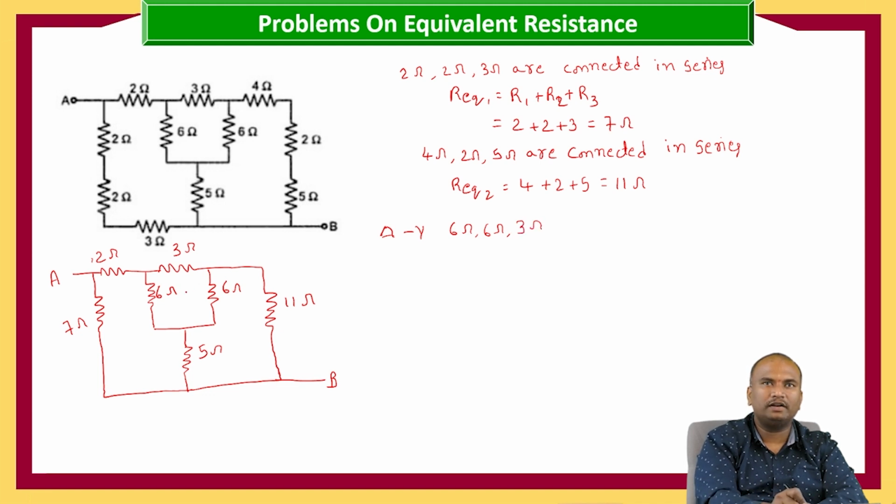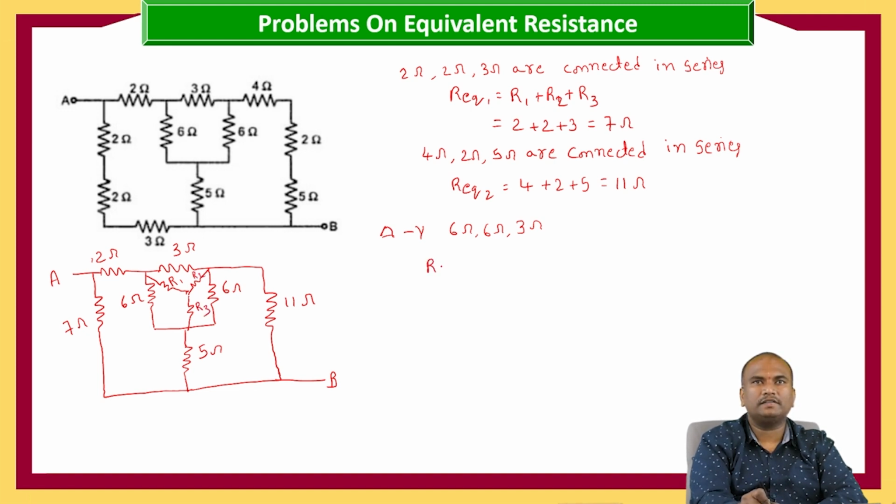Now this is our delta which I am choosing. So here this is the resistance which we need to add, and after replacing that our circuit will be like this. Let us consider this is R1, R2, R3.